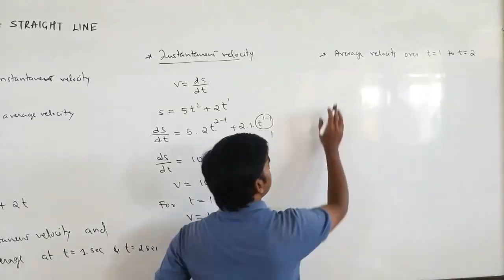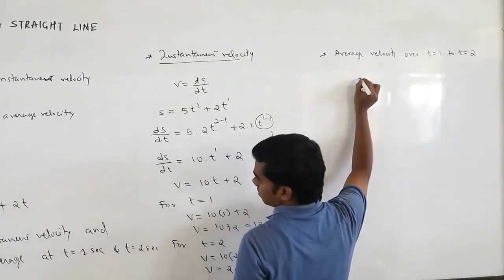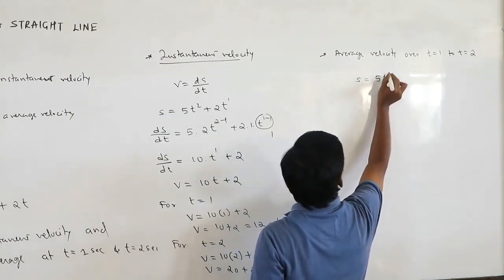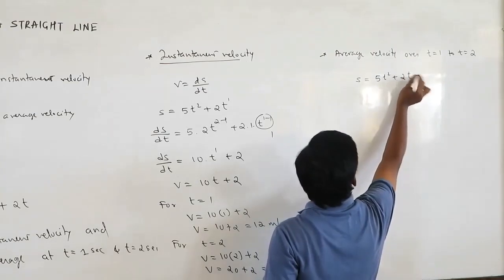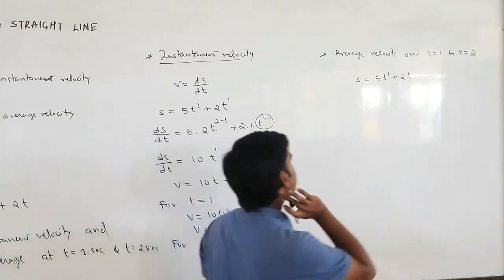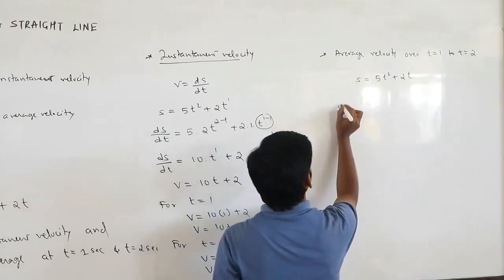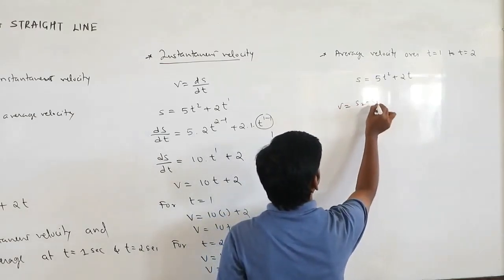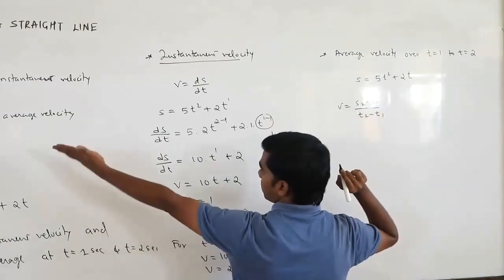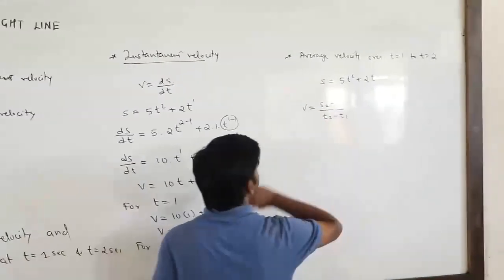We know s equals 5t square plus 2t. Now what is your average velocity? It is s2 minus s1 divided by t2 minus t1. Don't get confused, instead of x2 minus x1 I am taking s2 minus s1.